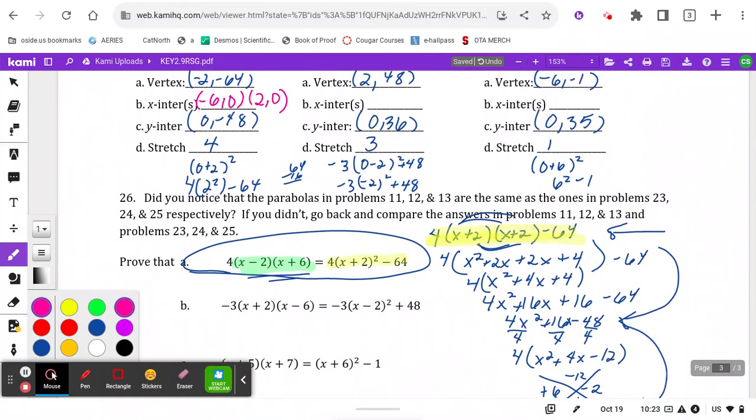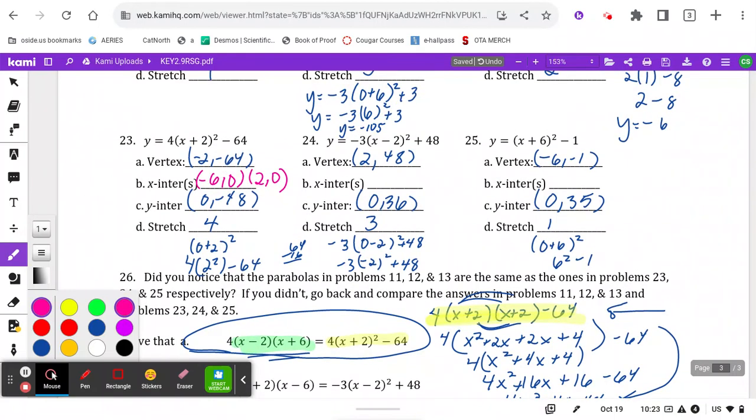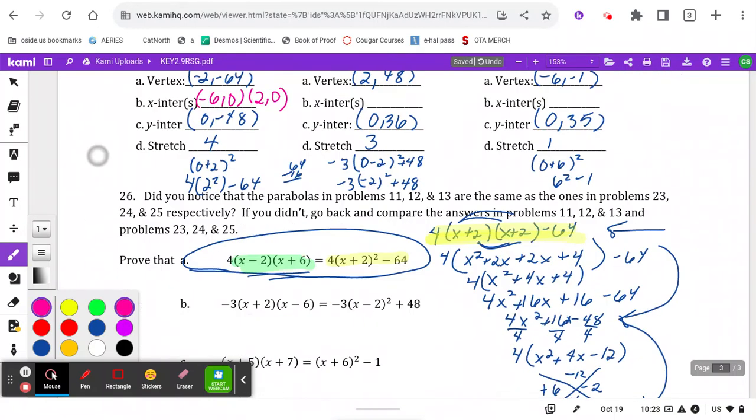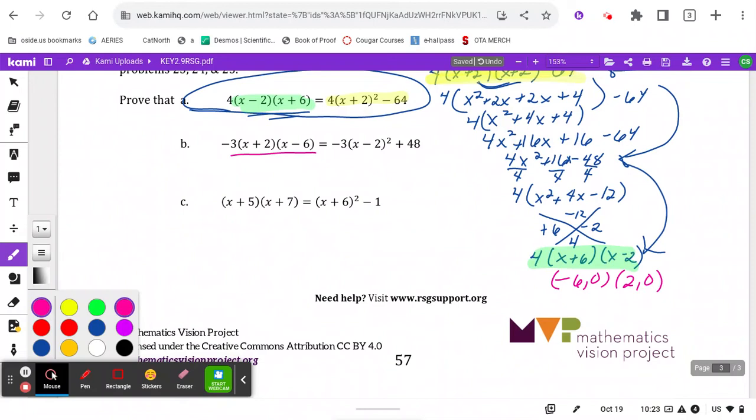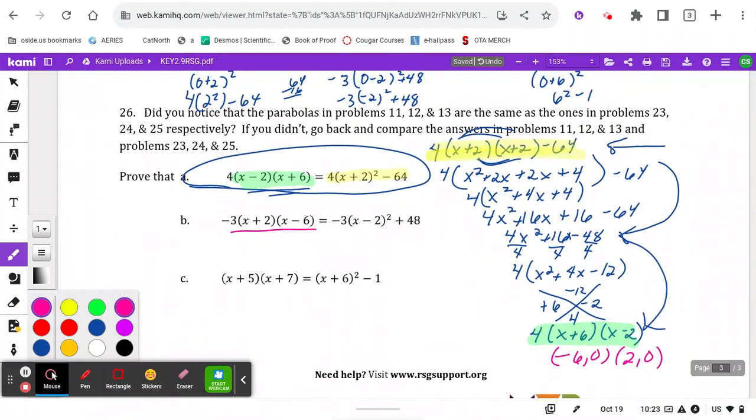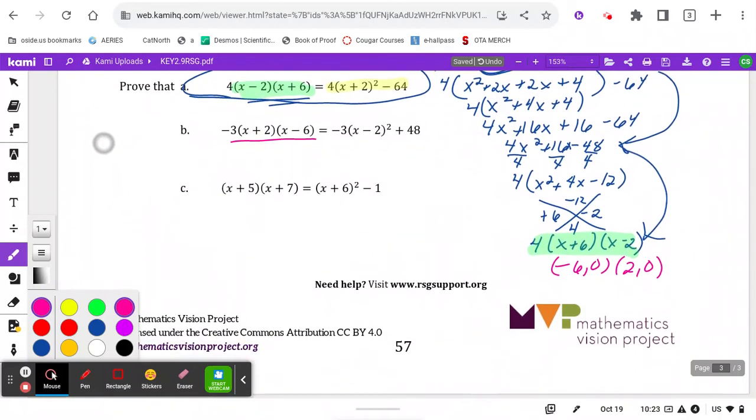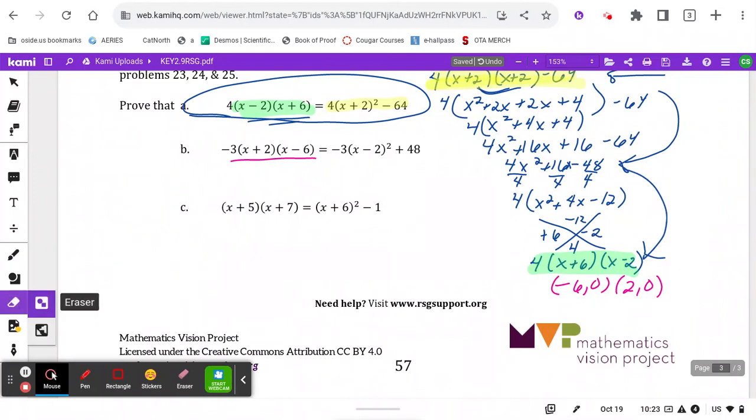Next, I want the x-intercepts of this one. Number 24 is telling me that it's the same as the page before as well. So I'm about to erase all this work and then do the work for letter B, or number 24, down here as well.